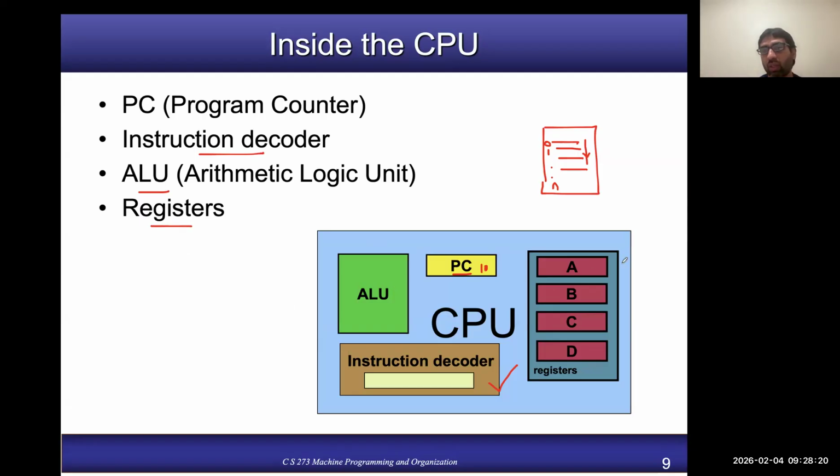And registers. Registers are the data holders. For example, if the instruction was add, and the instruction decoder decodes it and finds that it is add, then it will also find in which registers the data is.